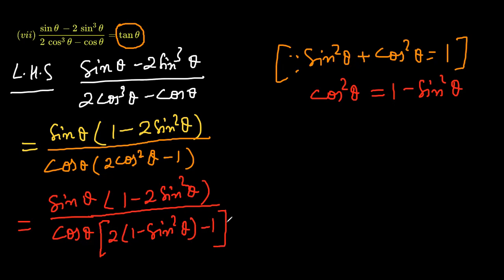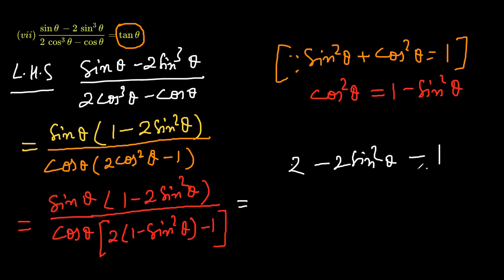This means all this thing is equal to sine theta by cos theta as it is. And when you open up the bracket in the denominator, you will get 2 minus 2 sine square theta minus 1. Simply open the bracket here and see what you get: 2 minus 2 sine square theta minus 1.